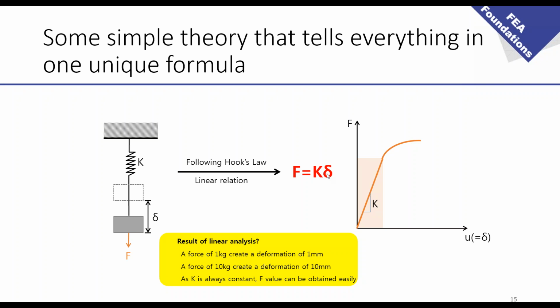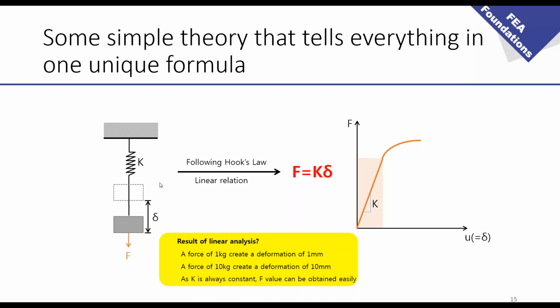If you are in three dimensions, the F becomes a vector and the delta becomes also a vector, and the K becomes a matrix with 9 components. So this is still the same concept. The K is the stiffness.